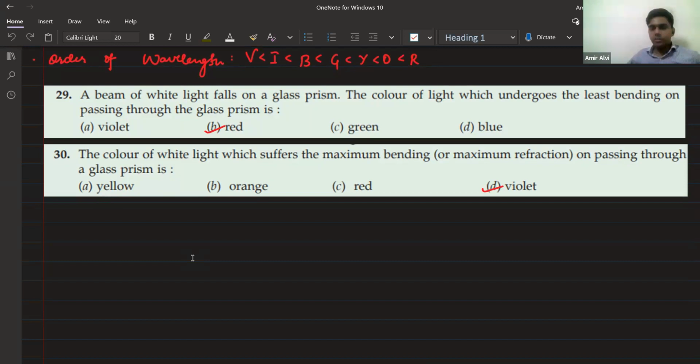Okay, so in the last class, we started the dispersion of light. Dispersion of light means the splitting of white light into its constituent colors due to the different speed in the glass medium, right?